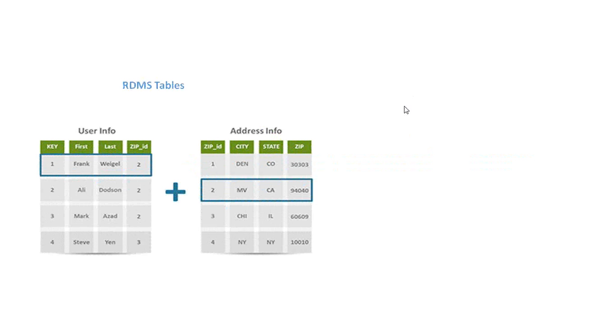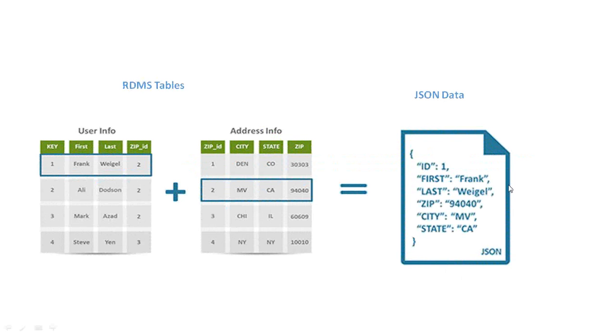Coming to document-oriented databases, we can store the data as a document. Generally, we have table data in RDBMS tables. If you want to store the data like this, we can store it as documents.